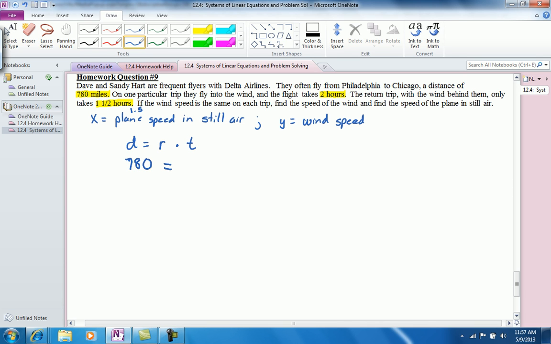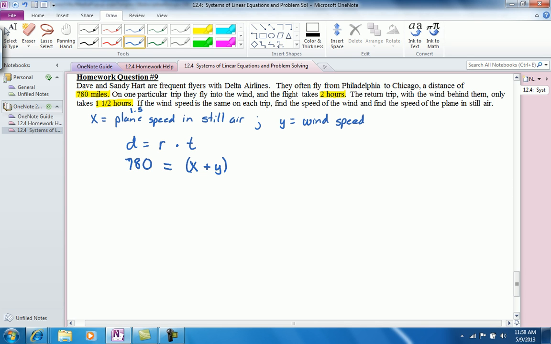And now my rate. What would my rate be? Well, if the wind is helping me, that means I would be going faster. So my rate would be the speed that the plane goes, X, increased by the speed the wind goes, Y. So that would actually be my rate if the wind is helping me.